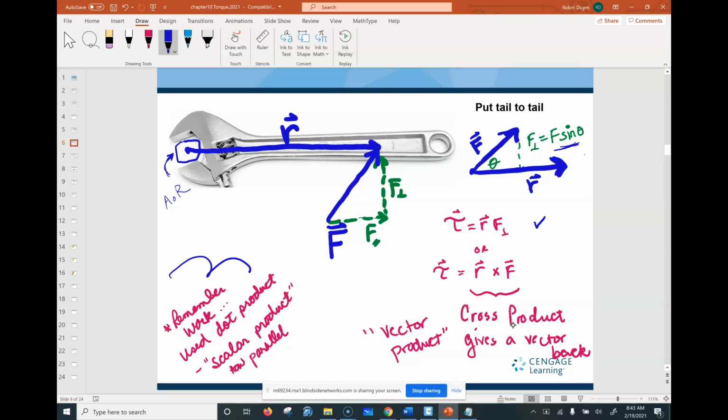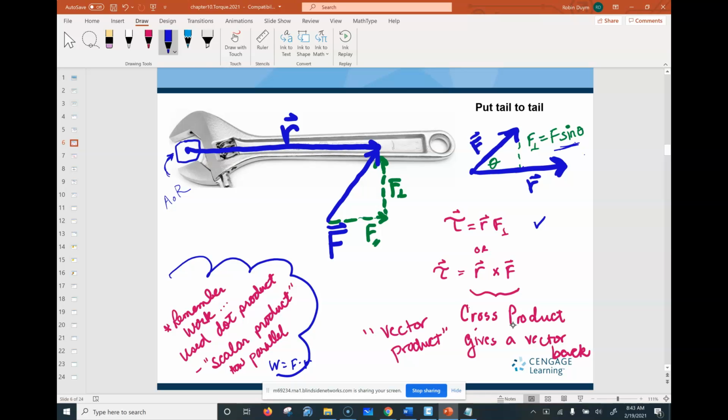And I have this little note down here. Remember doing work, and we learned the dot product? That gave us back a scalar. And if you remember, the dot product used the cosine, because when we did work, we did F dot R, and that showed us how parallel the one was to the other.